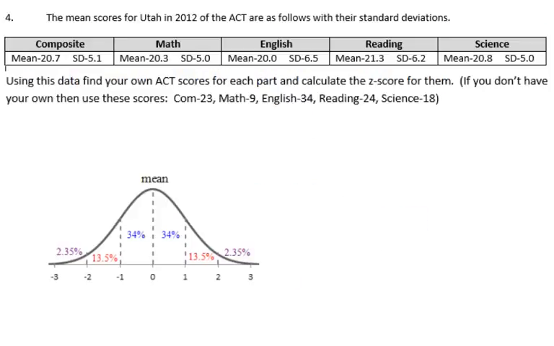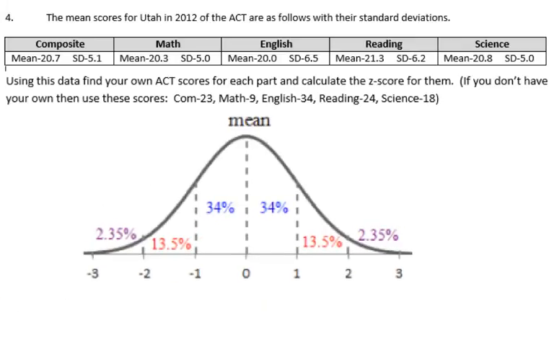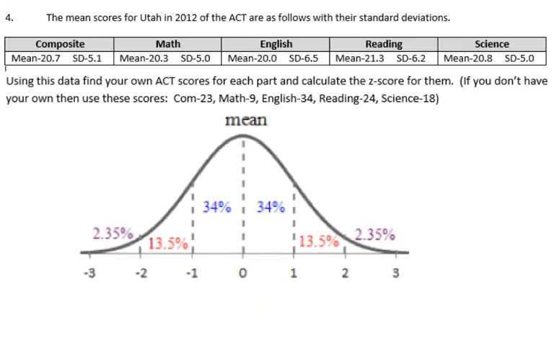Now, you could do it with your ACT scores as well, and you could just work it out the same way. I'll show you just one example. Let's say the composite. The mean was 20.7, standard deviation 5.1, so that would be 25.8, 30.9, and 36.